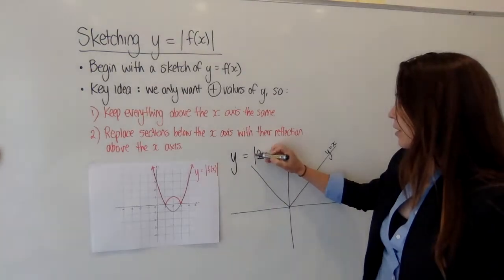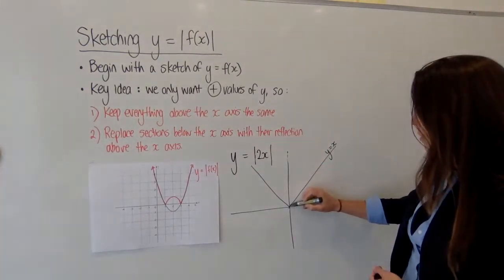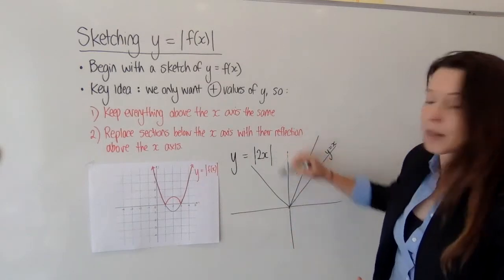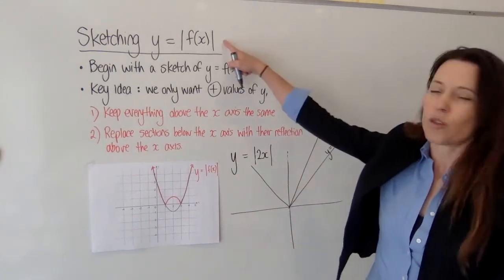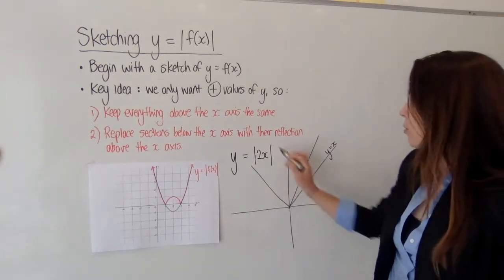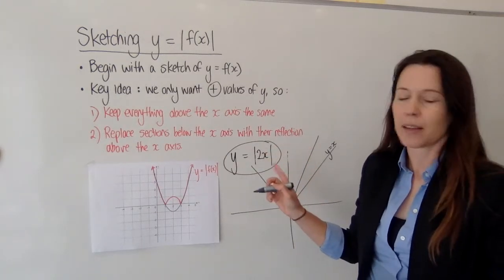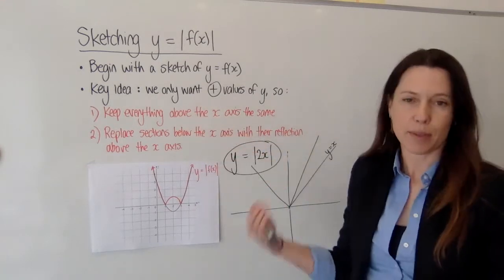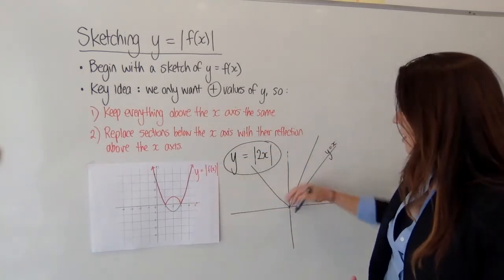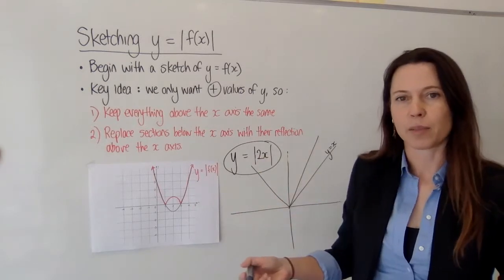We've learned how to graph things like y equals 2x, which is just a steeper line, and we've learned that it can't go down here, instead it comes back up here. So this one should be the easiest of today's sketches, because we're already quite familiar with it, and now we've got a nice method written out that makes sense to us. Keep the section that's above the x-axis and make a reflection of anything that's below.